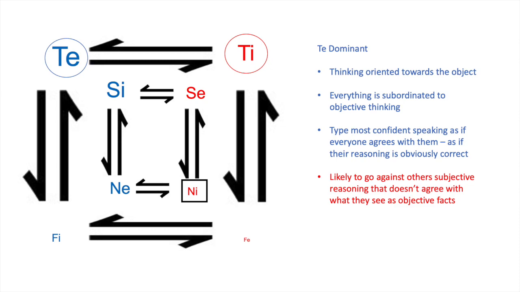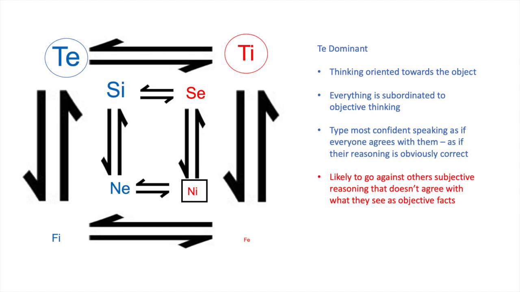And what does that mean? That means basically that to these people, everything is subordinated to objective thinking, or to thinking that is focused on something external rather than something internal. So what you'll notice is that TE dominant people are the types most confident speaking as if everyone agrees with them, or as if their reasoning is obviously correct.